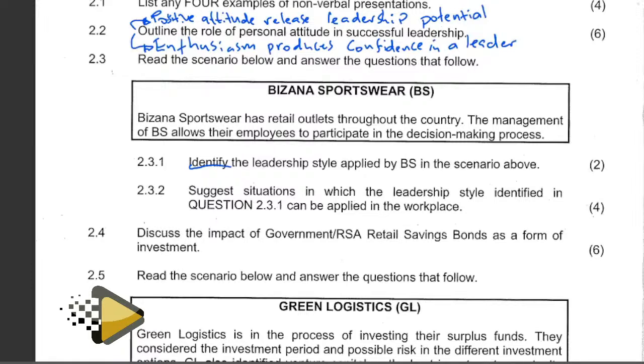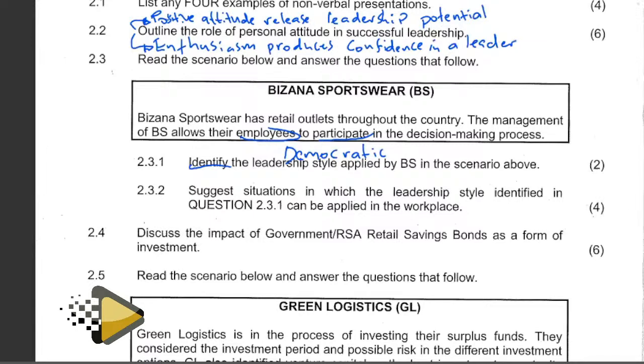BS allows the employees to participate. The fact that employees are being allowed to participate in decision making means this leader is following what we call democratic leadership style.